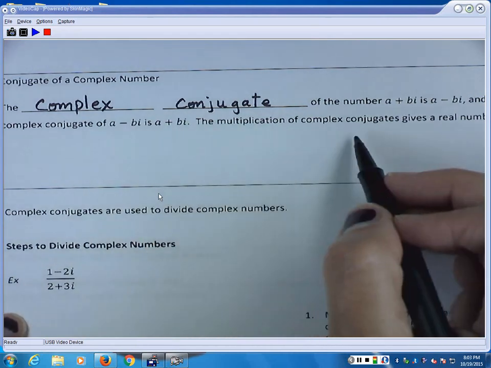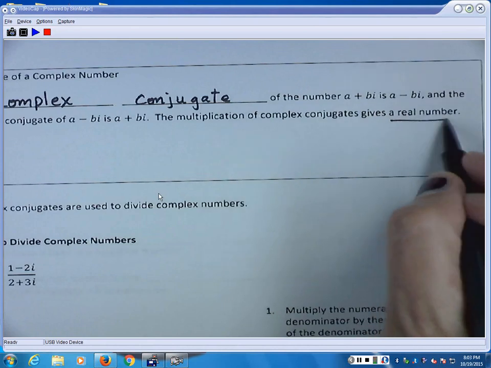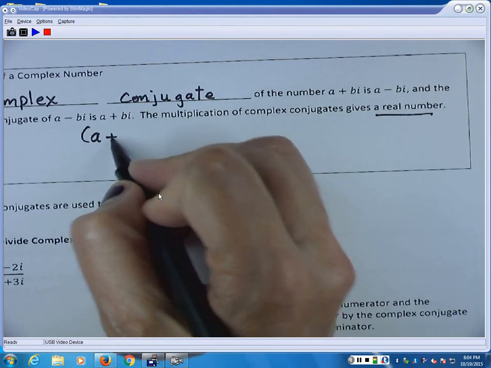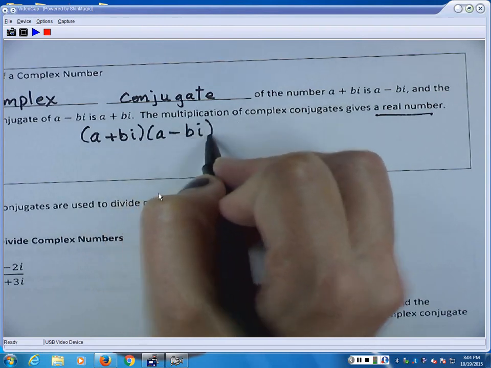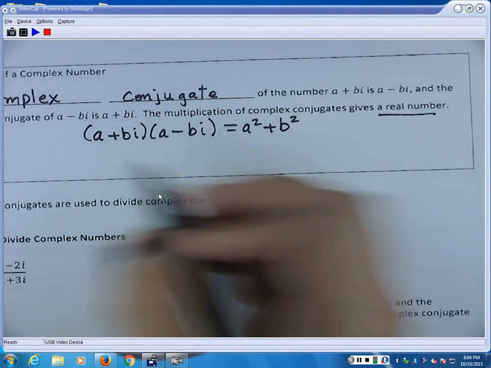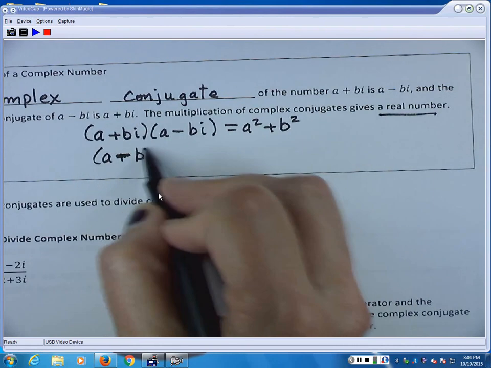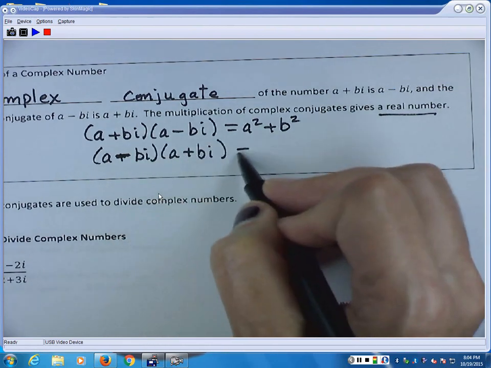And the multiplication of complex conjugates gives a real number. So if you were to take a plus bi times a minus bi, you will get a squared plus b squared. If you switch the order, a minus bi and a plus bi, you still get the same thing.